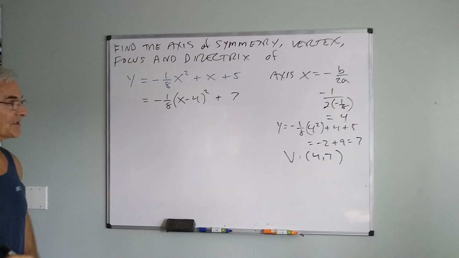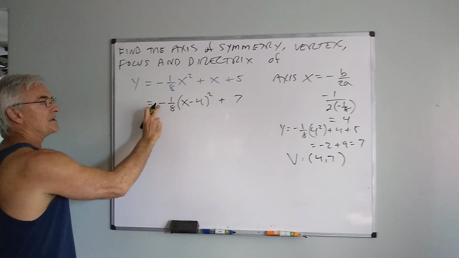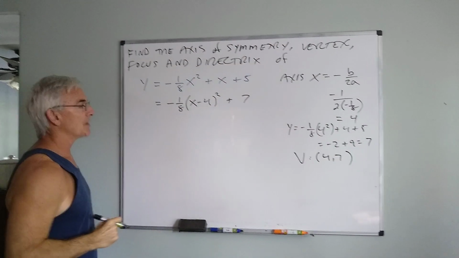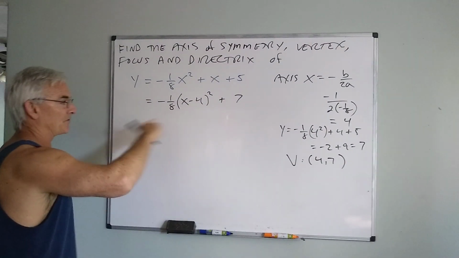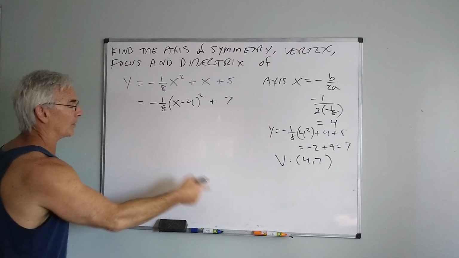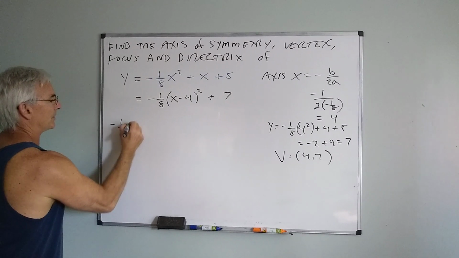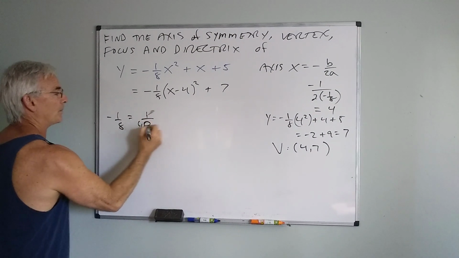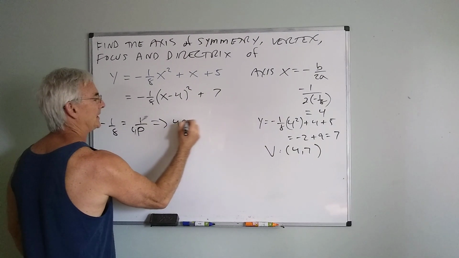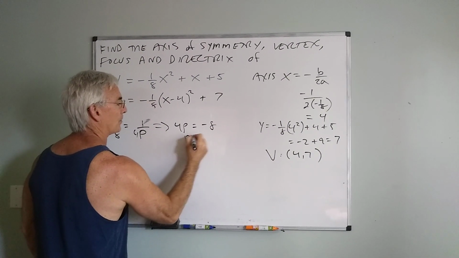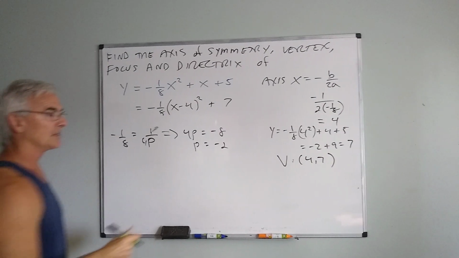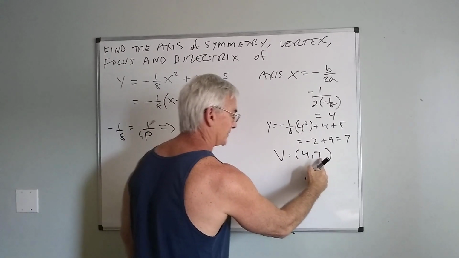Now we just need the focus and the directrix. The negative here tells us something very important about this parabola. It tells us the parabola is not only opening downwards, but it's also fairly flat, so it's going to have this form. So negative 1/8, which is 1 over 4p, means that 4p is negative 8, or p is negative 2. p is the amount that I'm going to add to the y-coordinate in order to get to the focus.